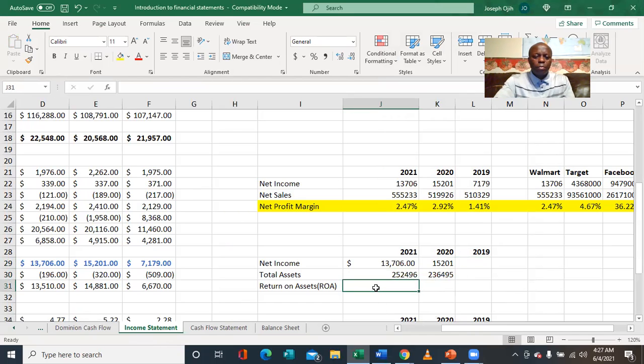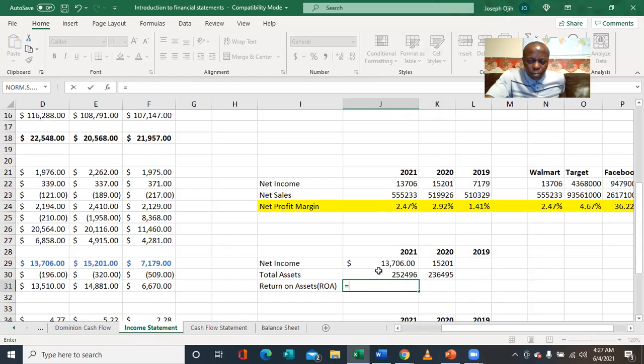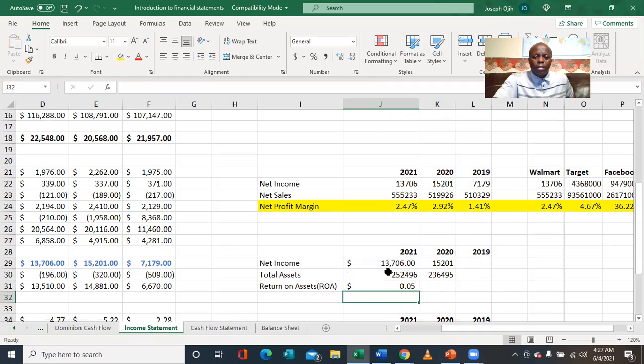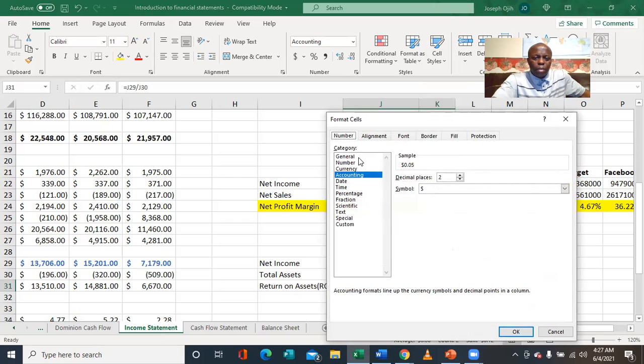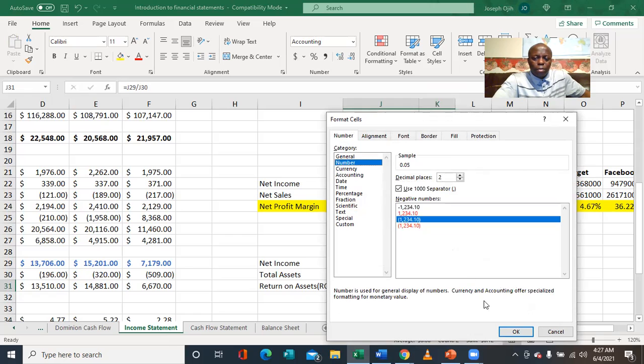So now the return on assets equals the net income divided by total assets. So this is a percentage. After calculation, I'm going to copy it to the next one, then format cells, make it number or percent, if you like.